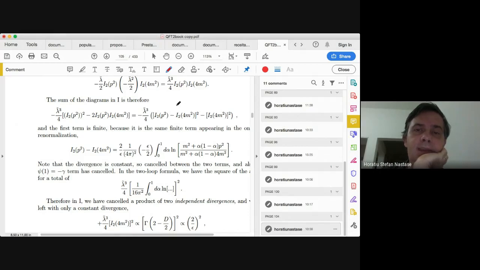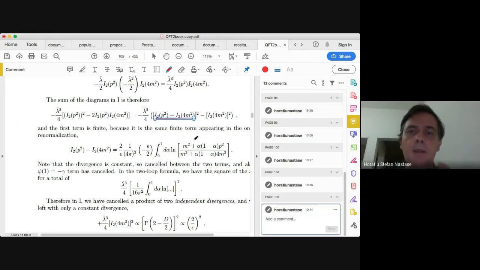However, this thing inside the square is actually finite, because this is the same thing that appears in the renormalization at one loop.